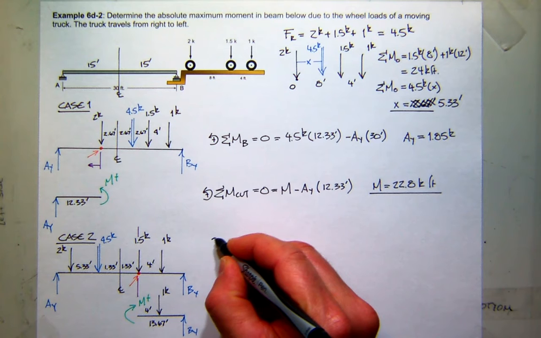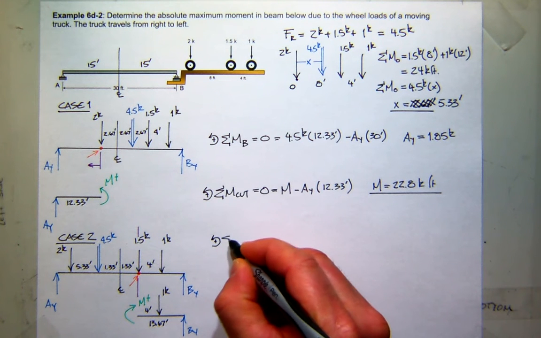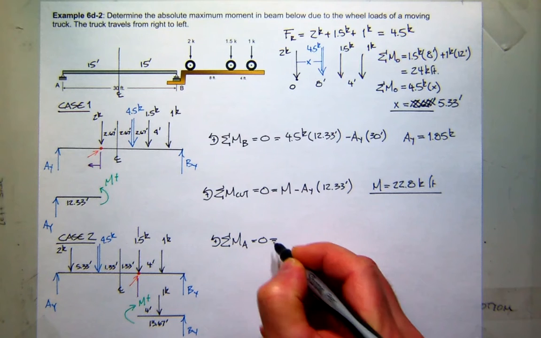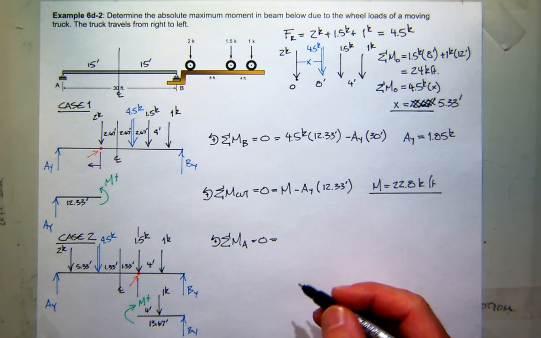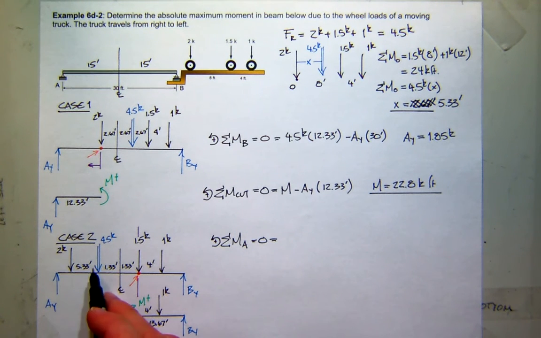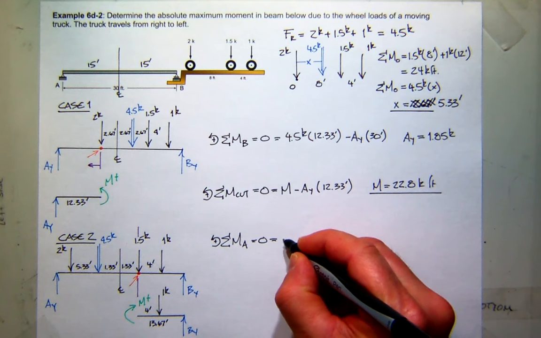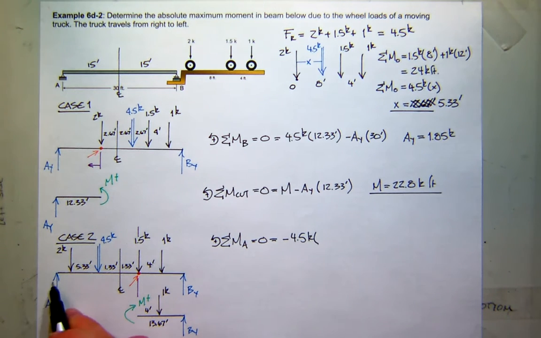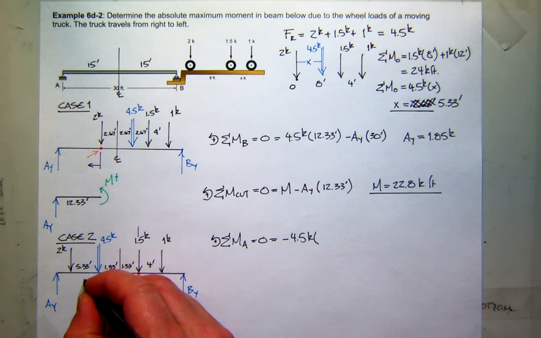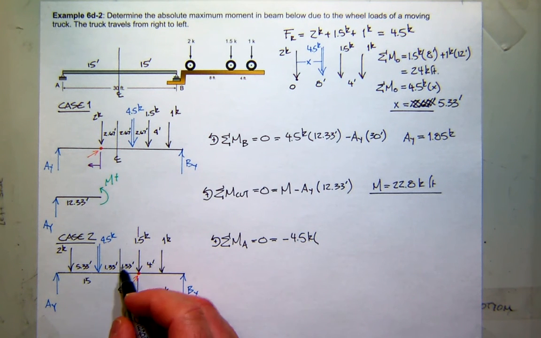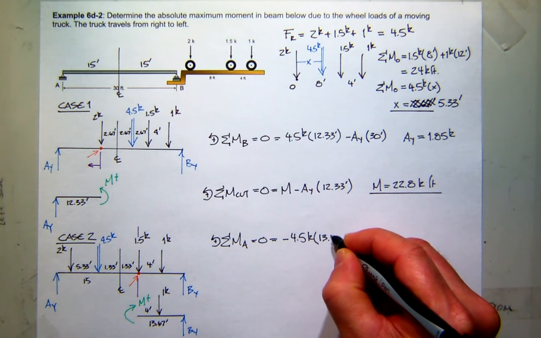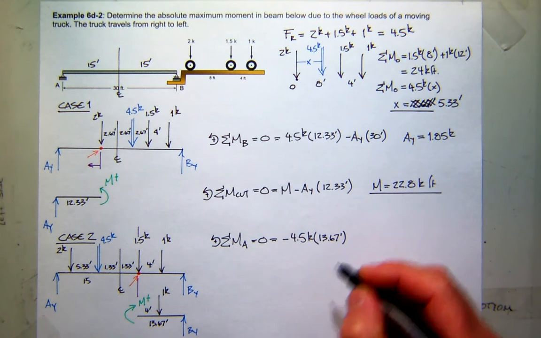How do we find BY? Yeah, let's sum moments about A. Remember, we're only going to use the resultant force. So about A, the resultant force creates negative moment. So the distance from A to the resultant force is what? 15 is the total distance to the center line, minus 1.33 is 13.67 feet.